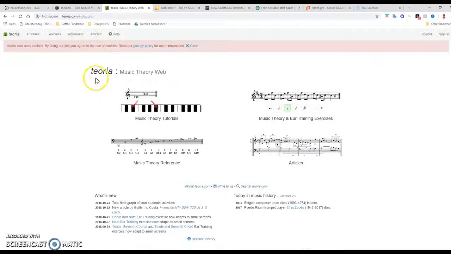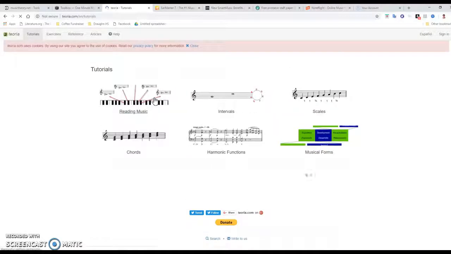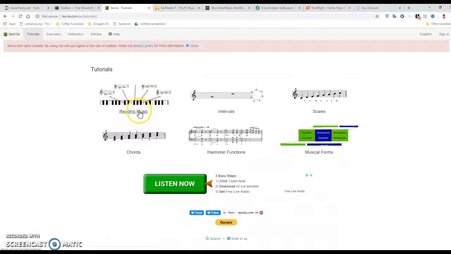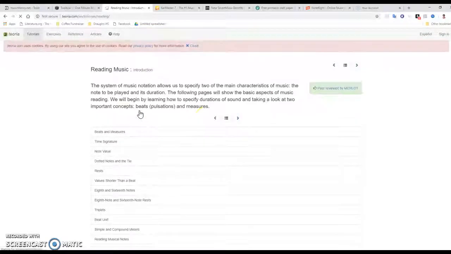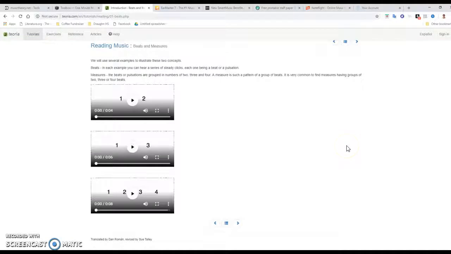Then we have Teoria, which is also music theory based. Let's click on the music theory tutorial so you can kind of see. So reading music. Also has some videos there to assist the students.